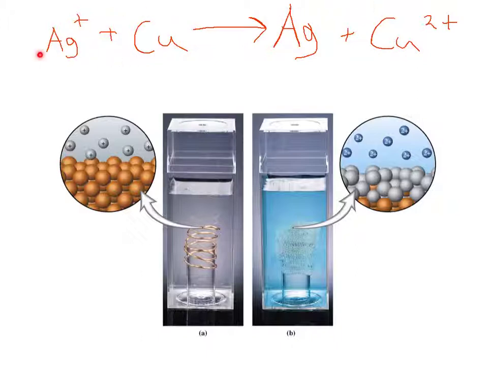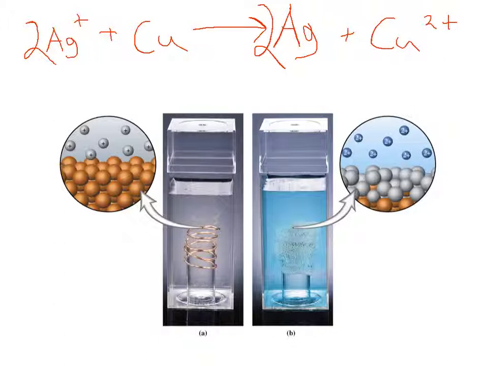I've got a 1+ charge on this side. The only way I can balance these charges is by putting a 2 right here in front of the silver. But now unfortunately my silvers are unbalanced, so I can come over here and put a 2 there. So now I have 2 silvers on each side. I've got 1 copper on each side. The matter's balanced. The charges are balanced.